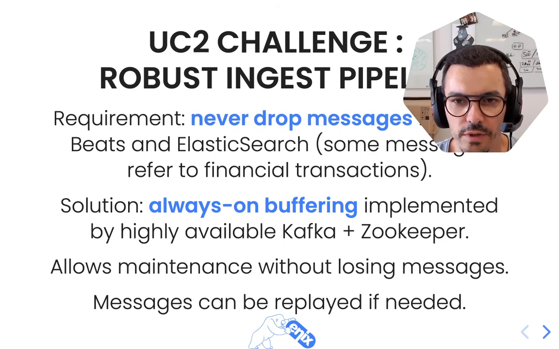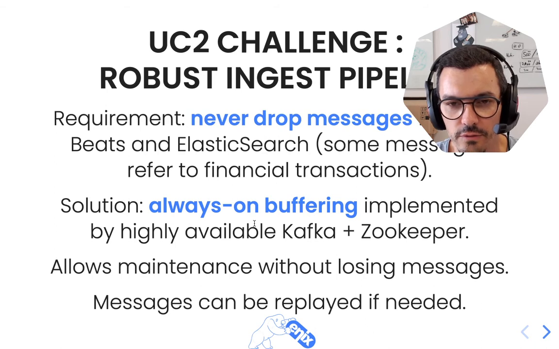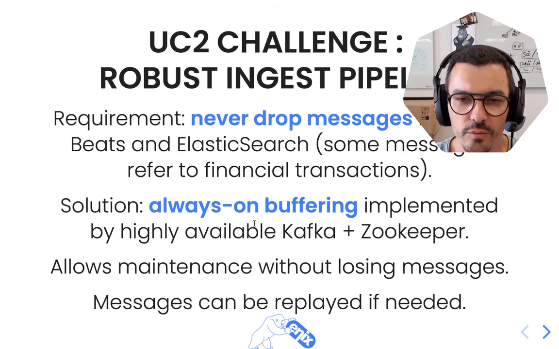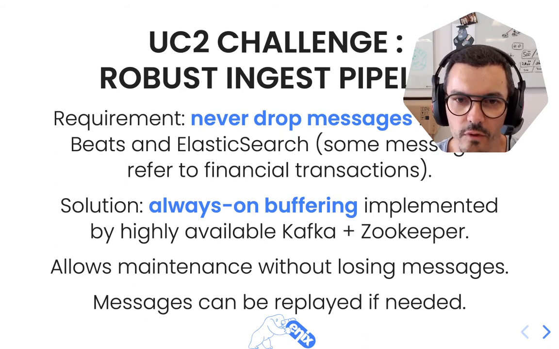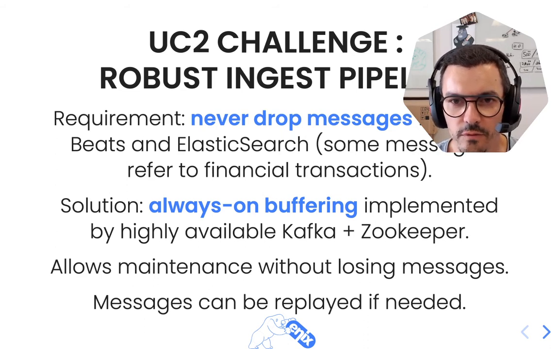So we implemented a highly available Kafka cluster, which means that we had to implement Zookeeper as well. And this led us to have this always-on buffer mechanism that allowed these two functionalities.